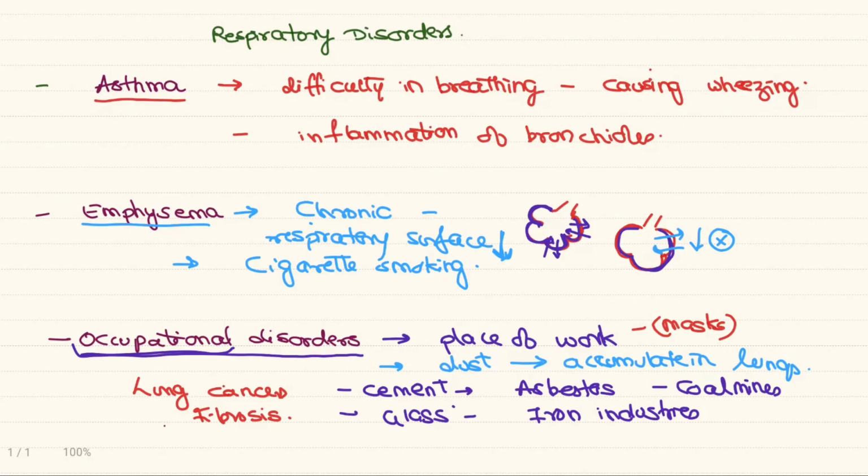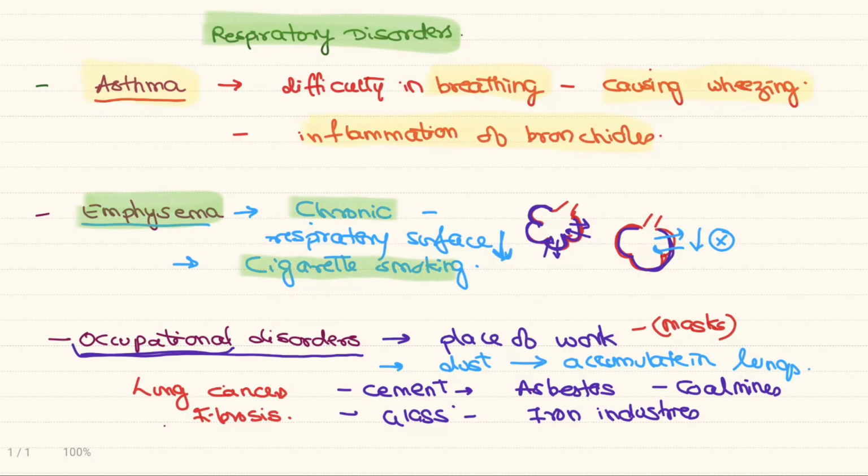So this is regarding the respiratory disorders. Let's quickly revise. The three most common disorders are asthma, which is difficulty in breathing due to the inflammation of the bronchioles. These people have the wheezing effect. The second one is emphysema. The major cause is cigarette smoking. It's a chronic type of disorder.